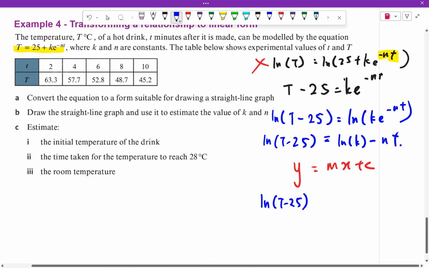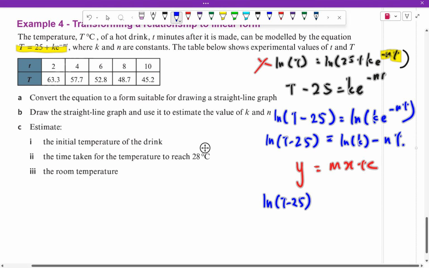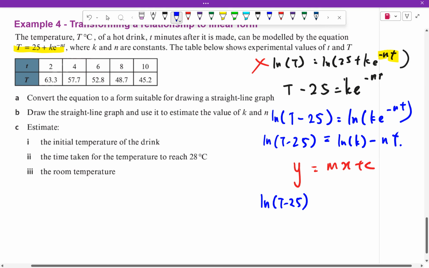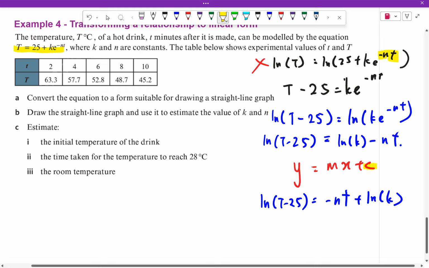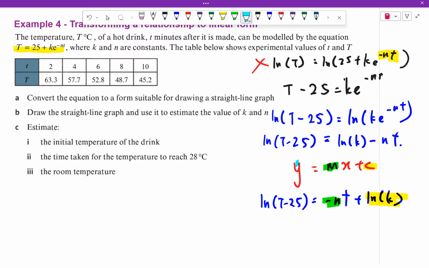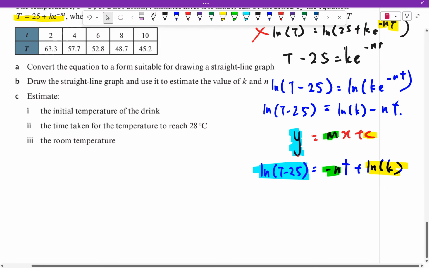Then we set it equal to negative nt plus ln of k. So c equals ln of k, and m, our gradient, equals negative n, and y equals the entire ln of t minus 25. So that's our equation.